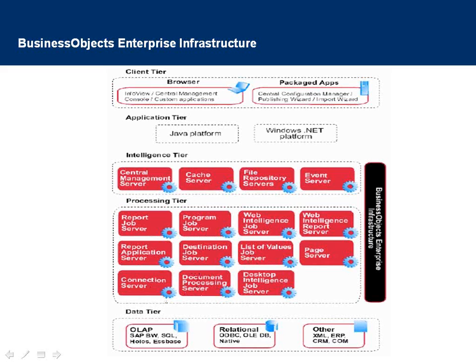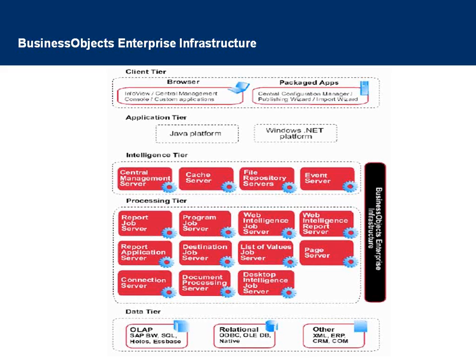If you are processing a Desktop Intelligence document, that is a locally created report, it will be processed by the Desktop Intelligence job server. After scheduling a report, if you want to keep the document in a directory, send it by email, or place it in a shared drive, that destination is controlled by your destination job server.